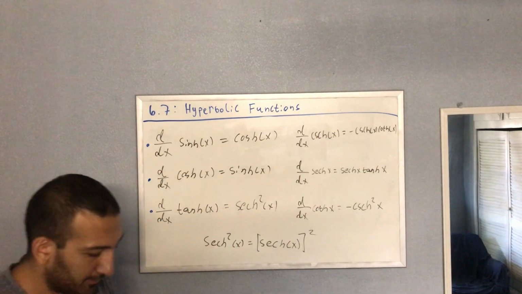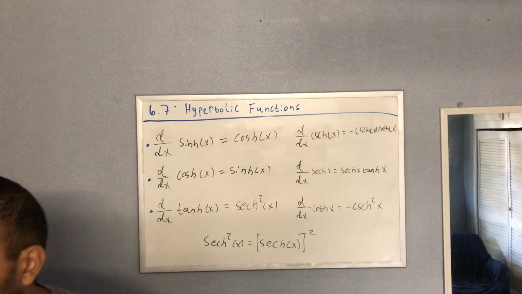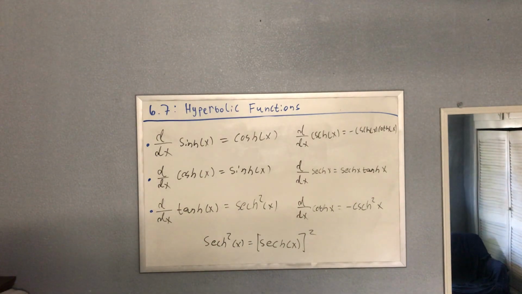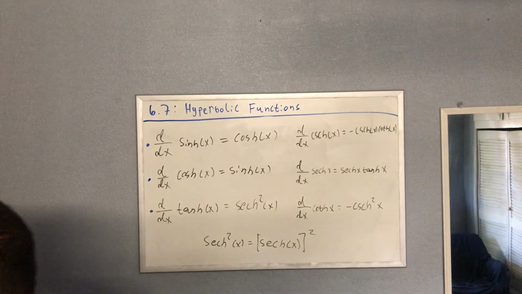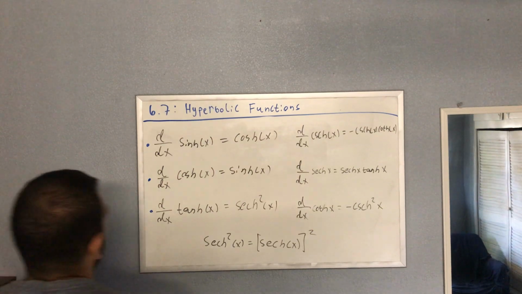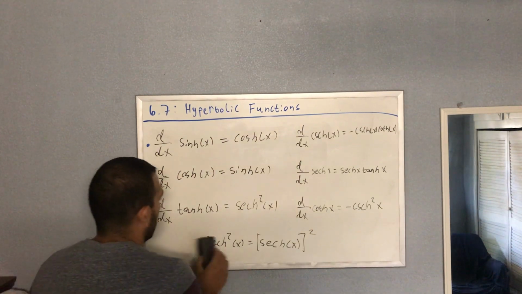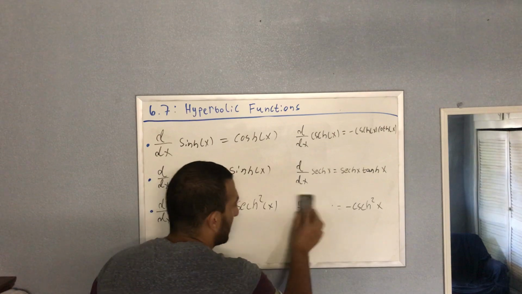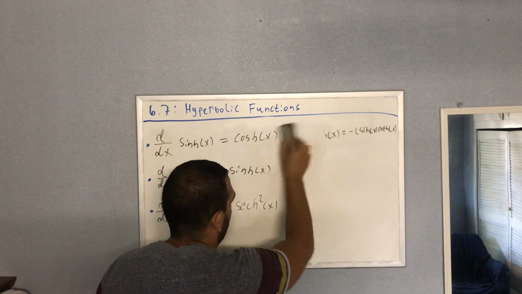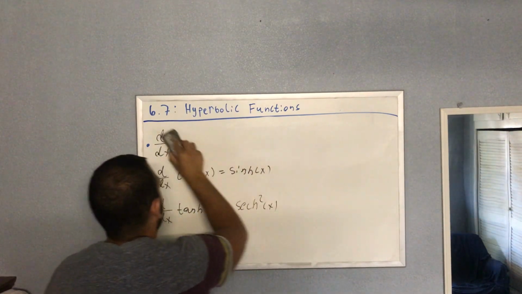That's what this means. Okay, so those are the derivatives of our hyperbolic trig functions. And then because these are functions, one would hope that they also have inverses, and they do have inverses.